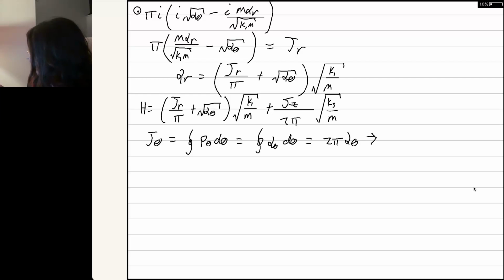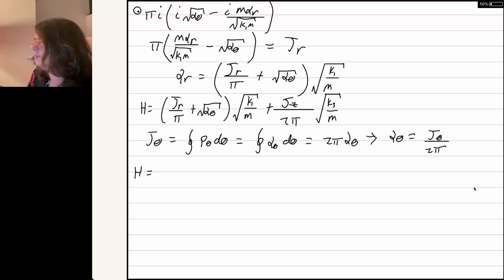We can rewrite alpha theta as just j theta over 2 pi. Then when we rewrite our Hamiltonian, we'll have j theta on the inside, which is hella wacky.